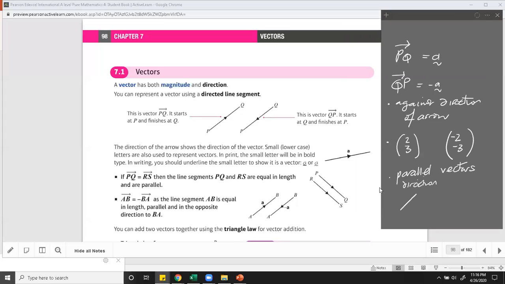For example, this one could be A, this one could be 2A, but they're parallel because one vector is a multiple of the other. With A and 2A, the direction is not affected. The length, the magnitude, is the only thing that's affected.